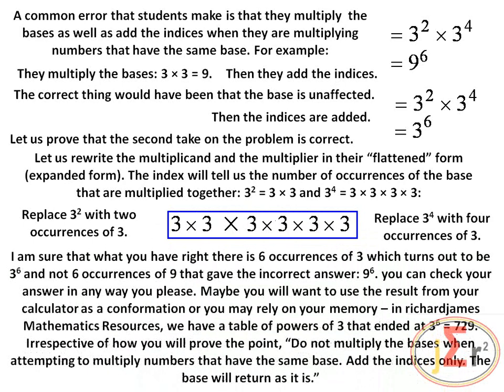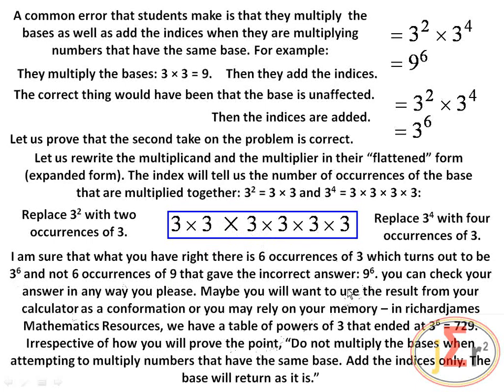I am sure that what you have right there is 6 occurrences of 3, which turns out to be 3 to the power of 6, and not 6 occurrences of 9 that gave the incorrect answer, which is 9 to the power of 6. So when we put everything under the microscope, going to the most basic level and building it from the foundation, we realize that what it actually turns out to be is 3 to the power of 6 and not 9 to the power of 6.